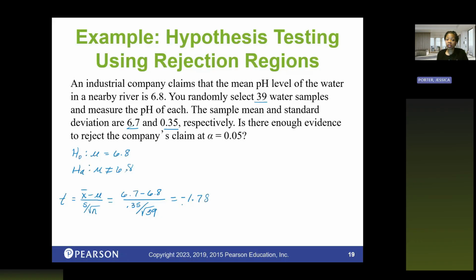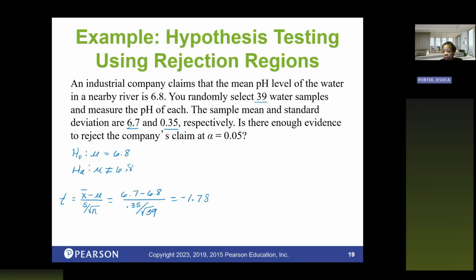Now this is a two-tailed test. So how do you want to find the critical value? I think first you got to divide the alpha by 2.